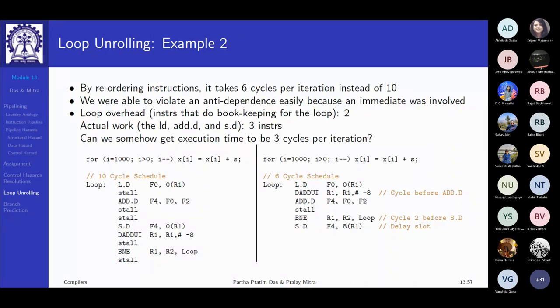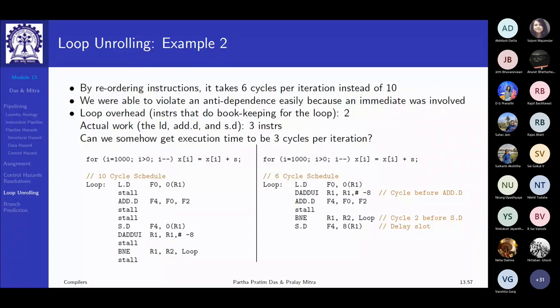So the best I can ask for, since my workload is 3 instructions, is, can I get the execution time to 3 cycles per iteration? It would be a little ambitious, because if I can get it to 3 cycles per iteration, that would mean that I have 0 overhead. But let's see.